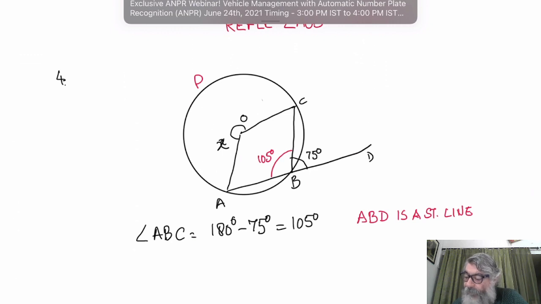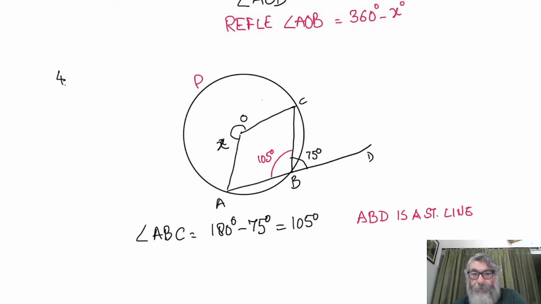What we are saying is that the arc APC subtends angle ABC at the circumference, and this B is not on this part of the arc APC, and the same arc APC subtends reflex angle AOC at the center. So the angle at the center is always double the angle at the circumference subtended by the same arc.